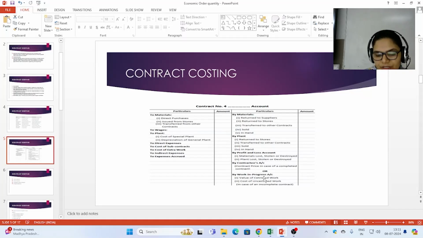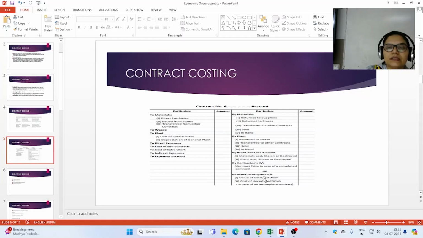In this situation, the contract account is credited by the value of material, but the material account is not debited because the materials are not being returned to the store, so the material account is not being closed. Here, in place of the material account, the material at site account is debited by the value of material. In the next year, in the beginning, a reverse entry is passed and the material at site account is closed.